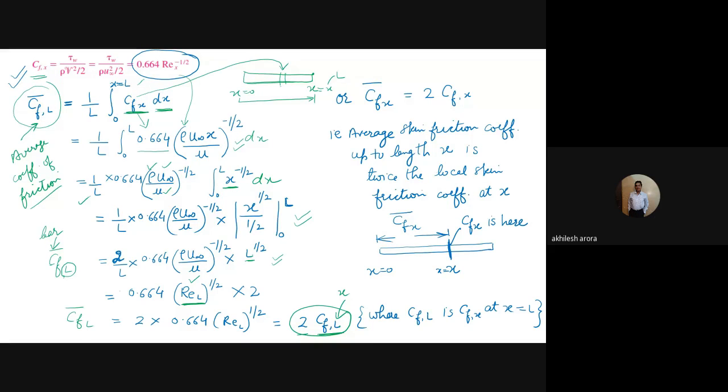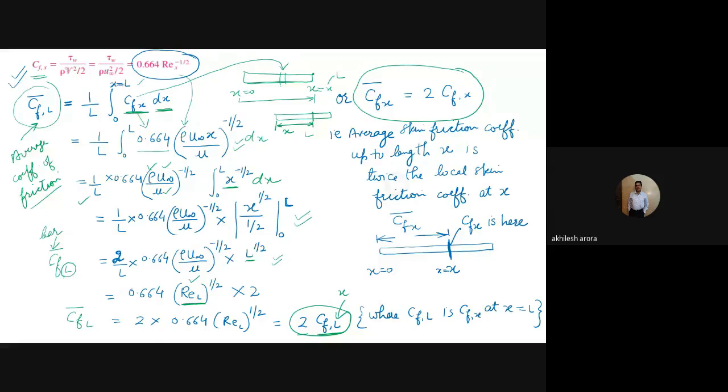I can also write this equation in this fashion. Suppose this is the plate and the length is L, but I am interested in calculating the average skin friction coefficient for the length x.